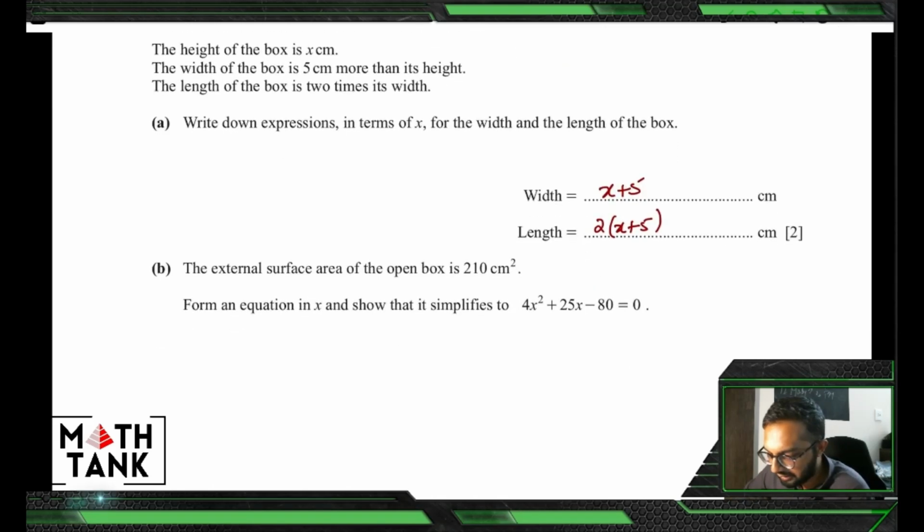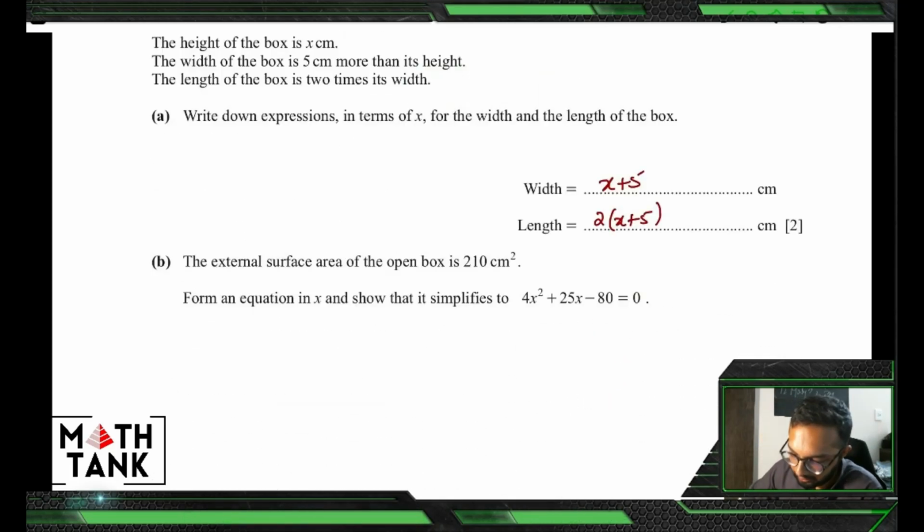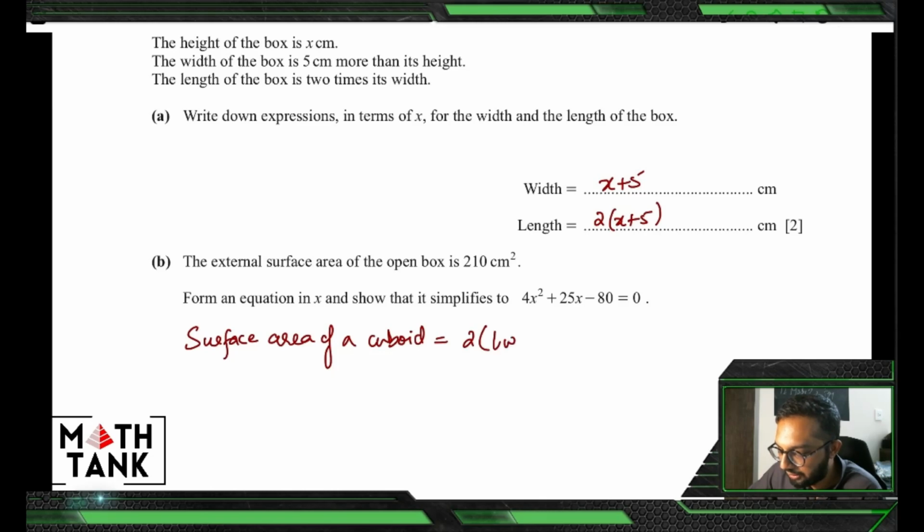It says the external surface area of the box, open box, is 210. Okay, form an equation in this. So the formula for the surface area of a cuboid is normally 2 LW, LH and WH.